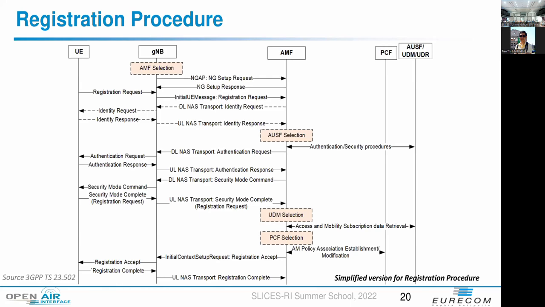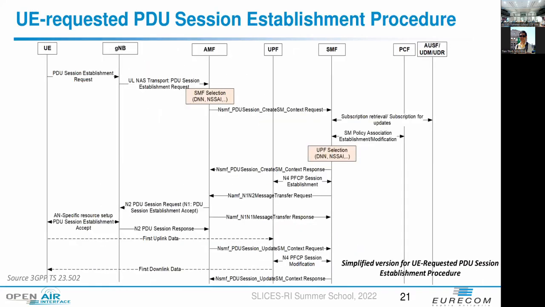After that, the AMF will send the registration accept, and we forward the message to the UE, and then after that, the connection will be established between UE and AMF. And then at some point in time, UE can establish the PDU session to actually transfer the traffic from the UE to the outside world, for example.